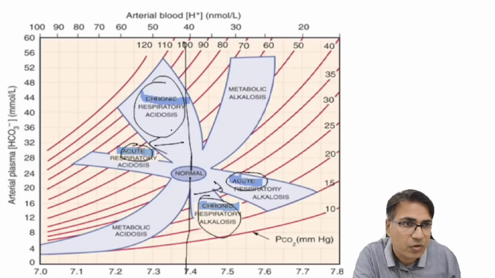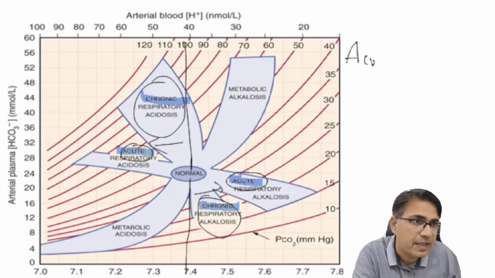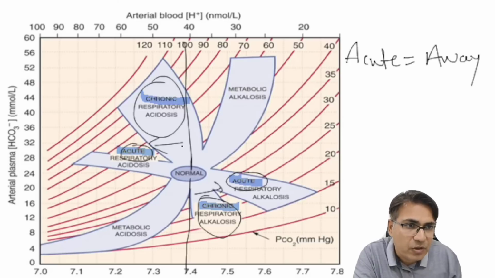Chronic is near to the normal line of pH because compensatory mechanisms are working. So here you can see chronic respiratory bands are near to normal pH. So just remember this: acute is away, and chronic is near to the pH line, okay.